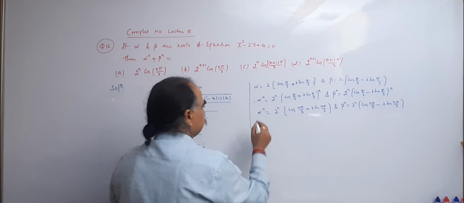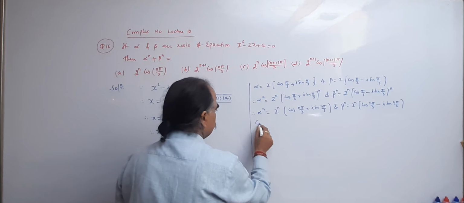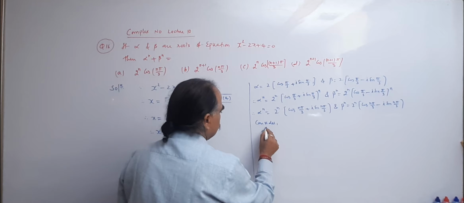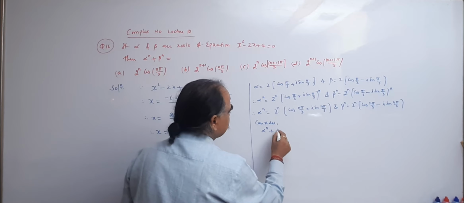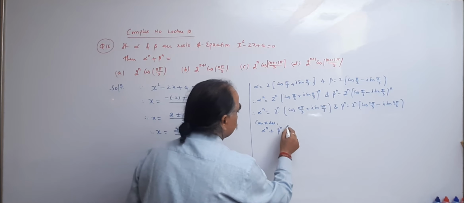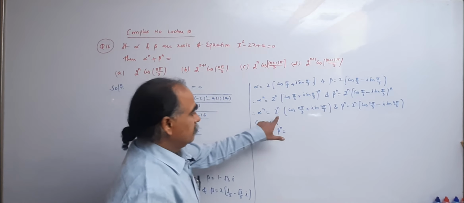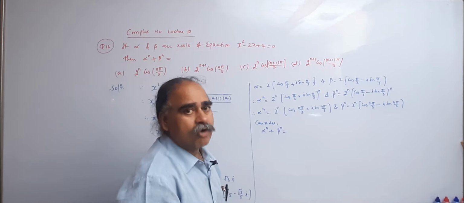Now we will add them. Consider alpha raised to n plus beta raised to n. While adding, from both we can take 2 raised to n common.